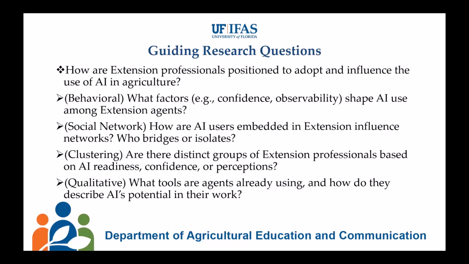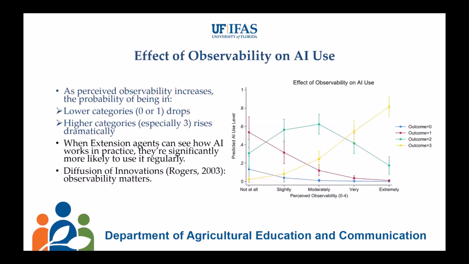So social network is a critical piece, and clustering is about readiness, confidence, and perception. With unsupervised learning, I wanted to cluster all the different groups. The qualitative work is about what kind of tools they are currently using for their extension programs, and the potential of AI in their work.